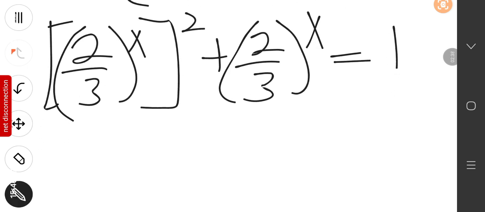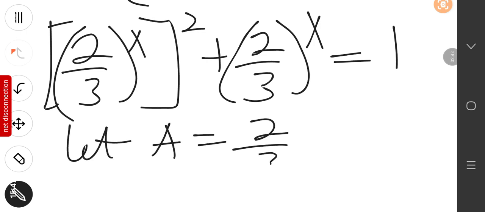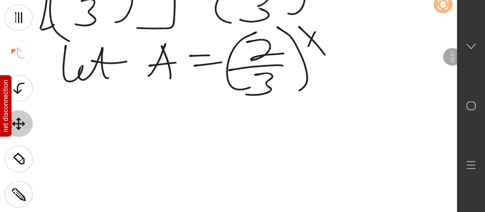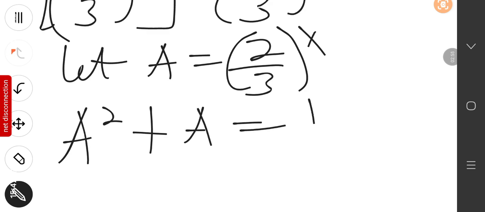All right, so now we have 2 over 3 here, and we have it here. So let's say, let a represent 2 over 3 exponent x. So you have a squared plus a equals 1.